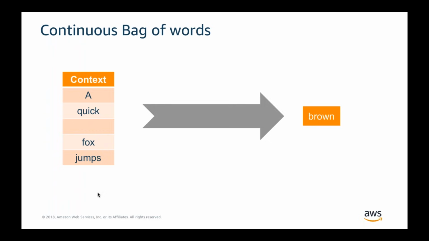That is not the only way to set up the algorithm. There's another way that is the opposite. You can provide the context words, and once you provide the context words, you would expect it to predict the actual word, the target word. So in this case, you would provide a quick fox jumps, and the expected word would be brown. Of course, this is the exact reverse of the other setup.